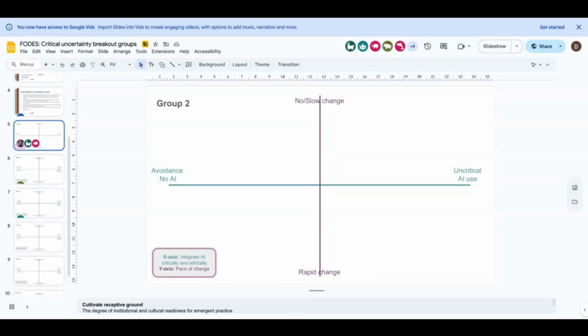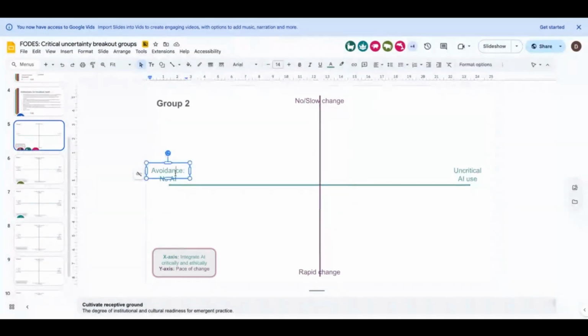You can just unmute and speak. I'm wondering if it's maybe like policy, if all of a sudden they change policy and say you're no longer allowed to use AI at all in your assessments. Okay, so that's an avoidance space, right? Yes, change all of a sudden.